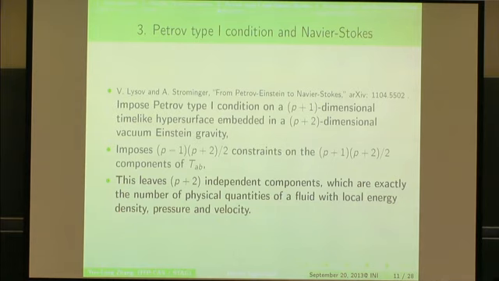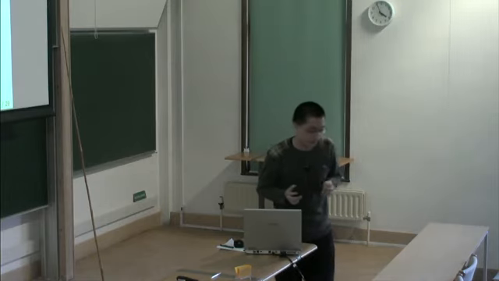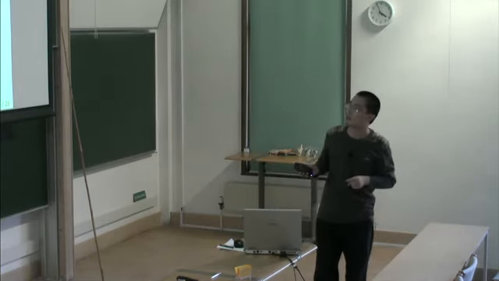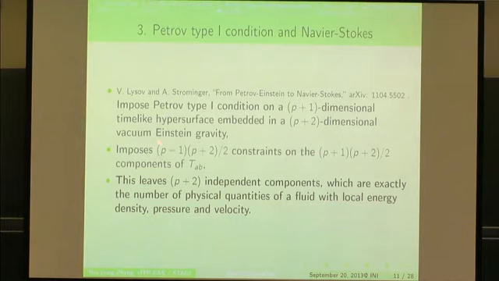This is just the freedom of the stress tensor of the fluid. Note that without the condition, the stress tensor is actually arbitrary, and this condition just reduces the additional freedom into a fluid formula.